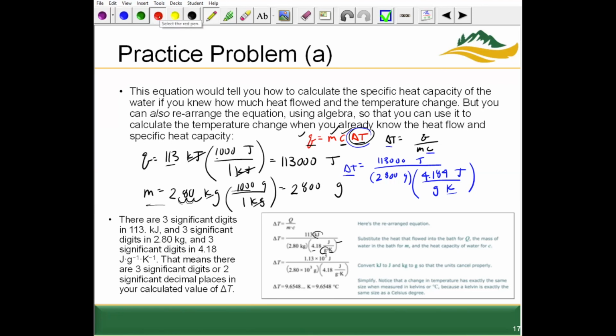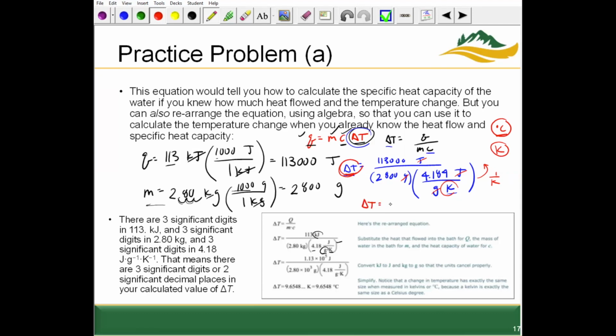So at this point, we would cancel out grams and joules, then be left with 1 over Kelvin. We know this goes into the numerator then, because that's really 1 over Kelvin. So then Kelvin is the unit we have for temperature. For a delta T, that is the same. If we need to, we can state that instead as degrees Celsius for the same value we get here.